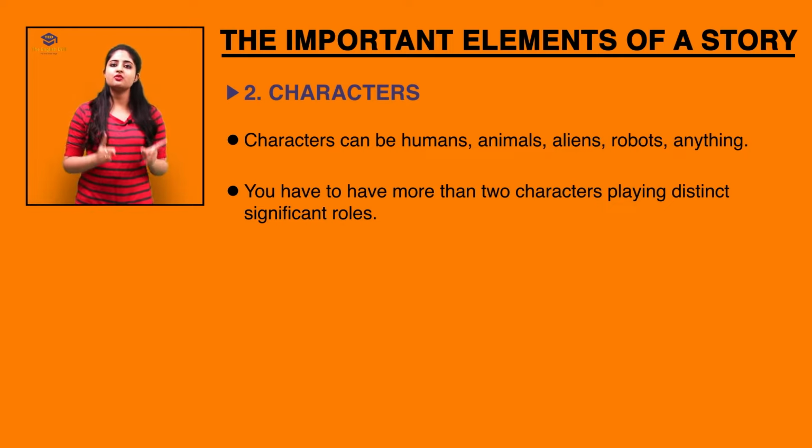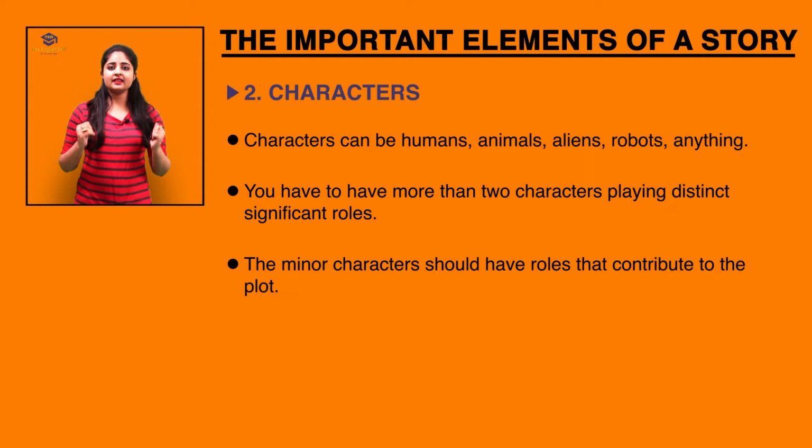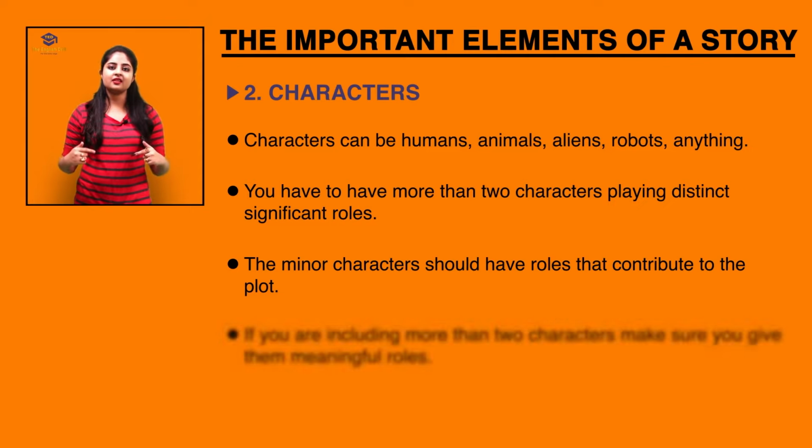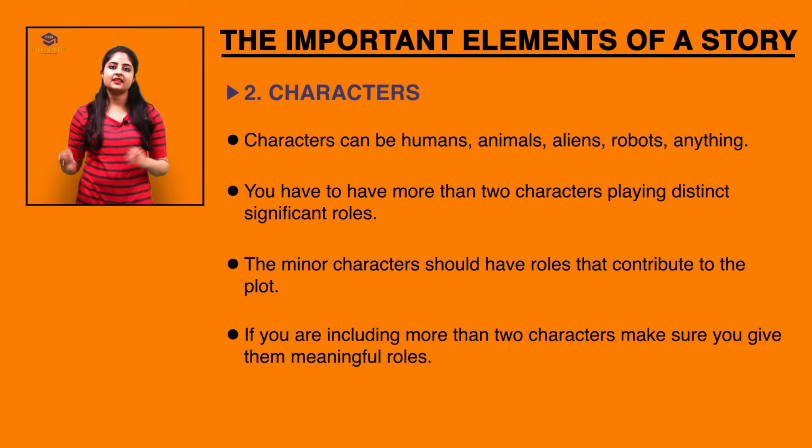Even if you have two main characters and two minor characters, the minor characters should have roles that contribute to your plot. If you exclude them from the plot, very important details of your story will be missing. So if you are including more than two characters, make sure you give them meaningful roles that are very necessary to your story.